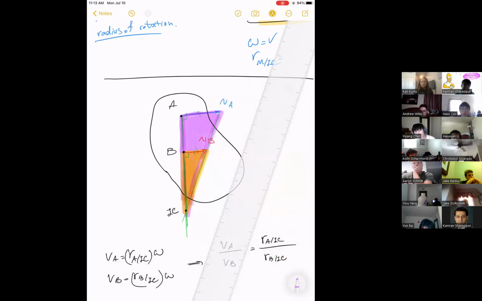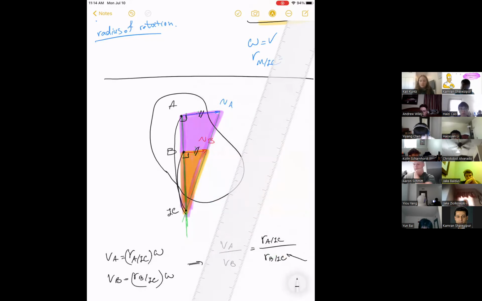What does that remind you of? Considering this angle is 90 degrees, technically, they're two similar triangles, right? And if there are two similar triangles, the ratio of this to this is the same as the ratio of this to this.